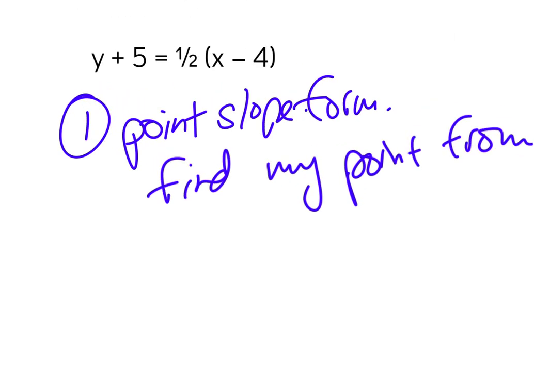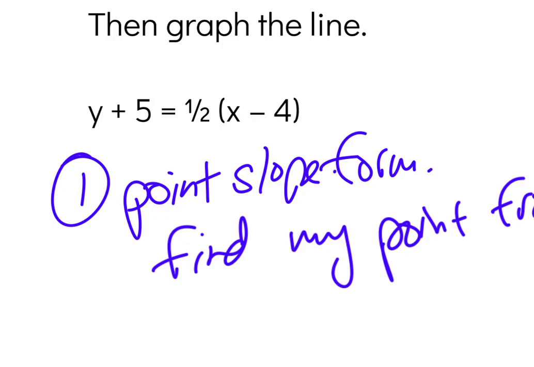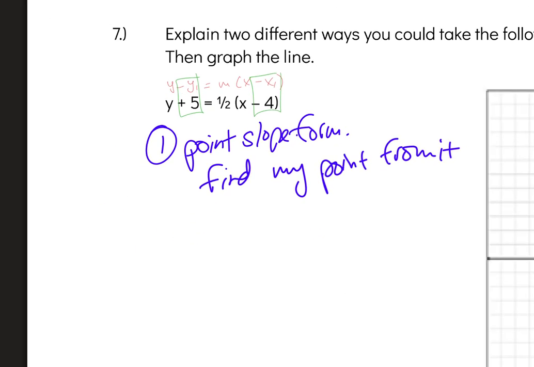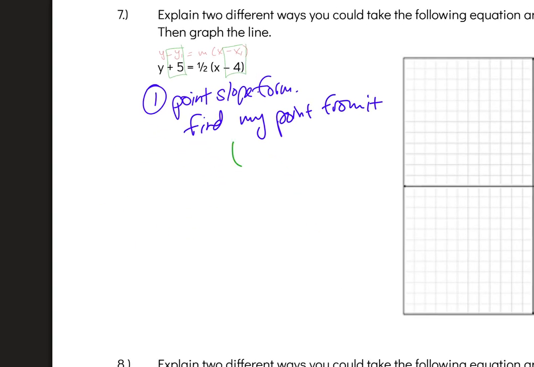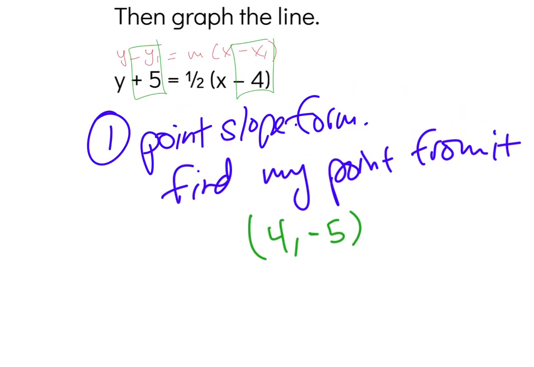And that point, if you're not sure, would look like this. It's y minus y1 equals m times x minus x1. So here is part of my point. Here is another part of my point. So my point is x is 4, y is -5.